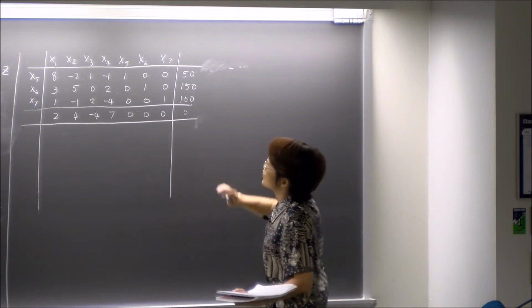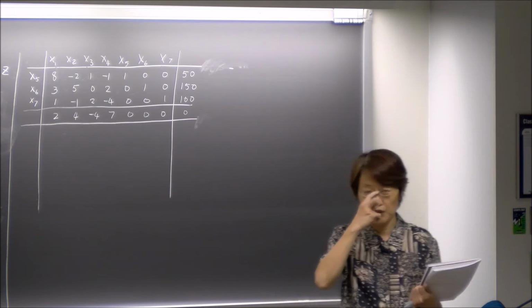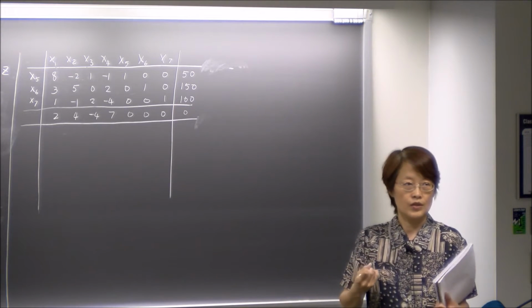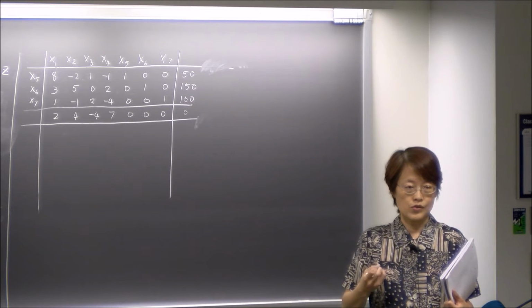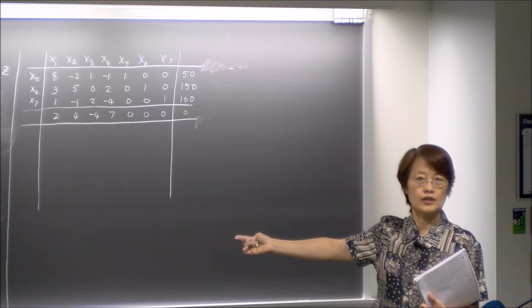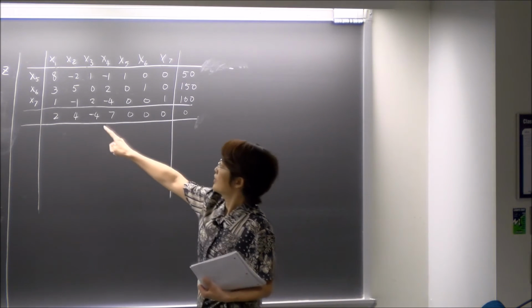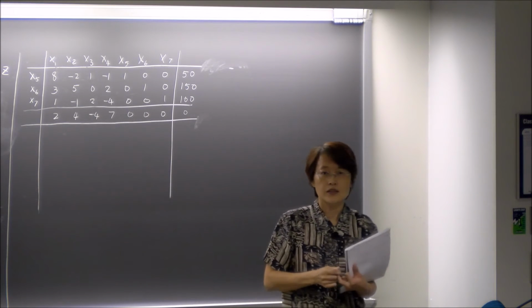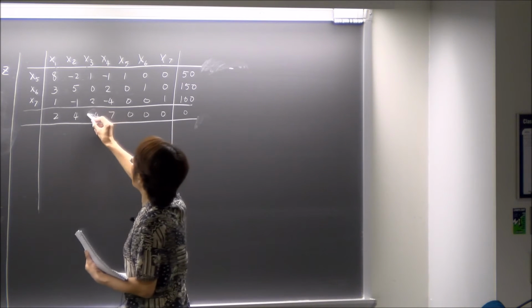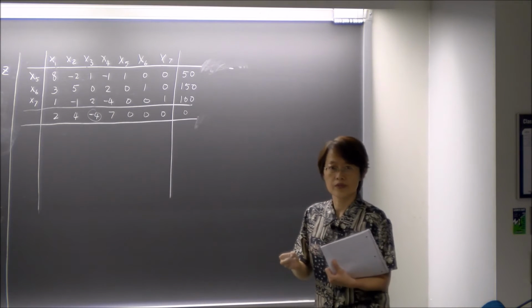Okay, so where do I start? Can someone guide me through this? So is this already an optimal situation? Nope. What gives it away? This negative, right? Okay, so I need to choose this column, right? So what do I need to compute?